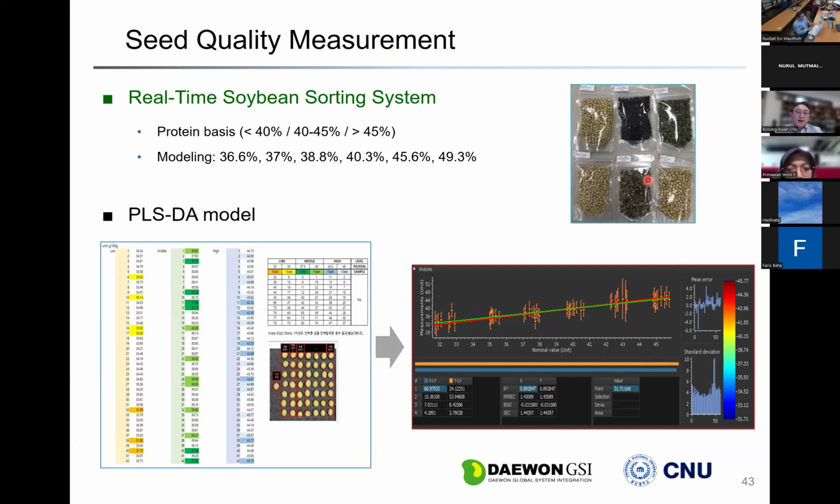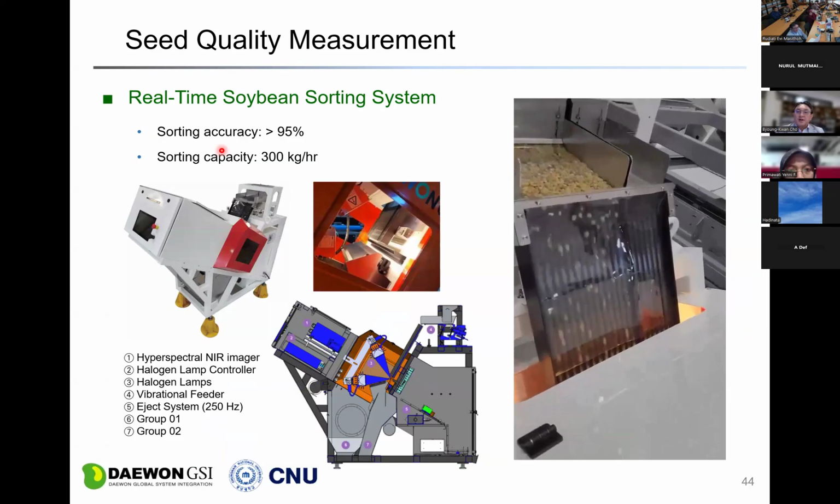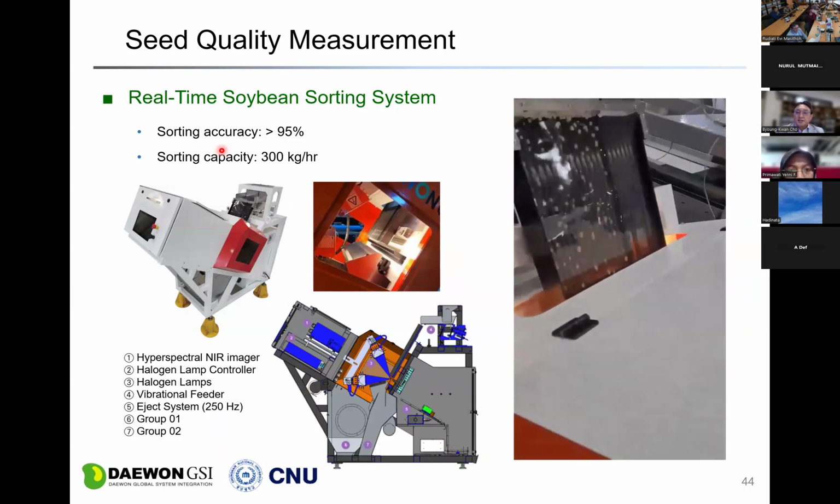So using protein-based soybean sorting, we can improve the quality of soy. So here, the protein-based model has three classifications: low protein, middle protein, and high protein. So using that model, we classify soybean seed.